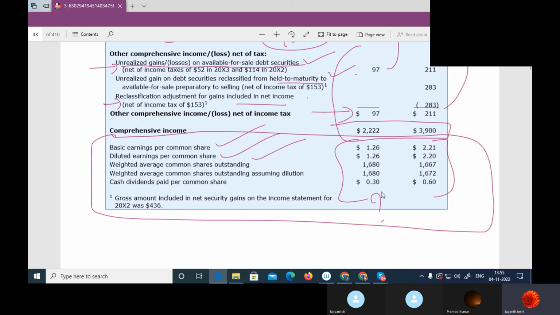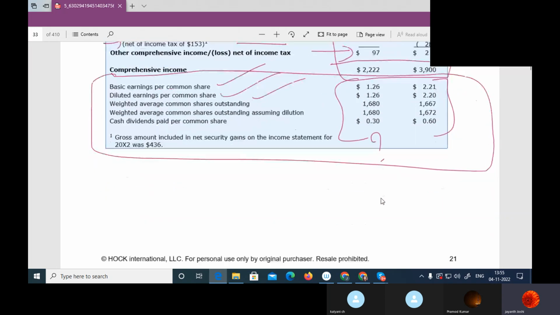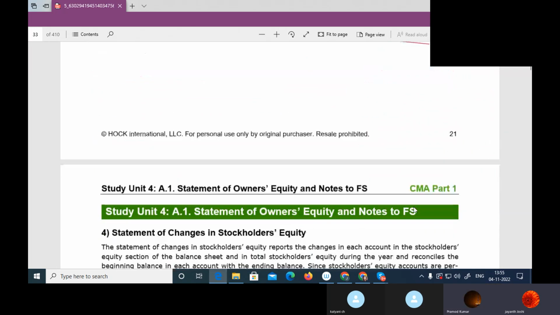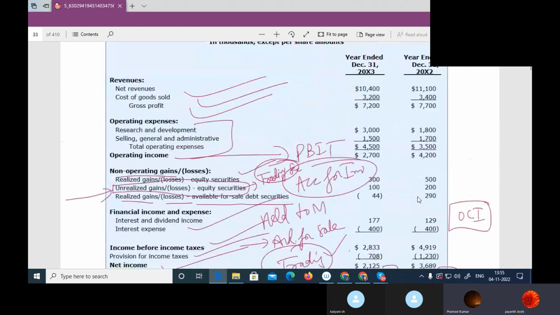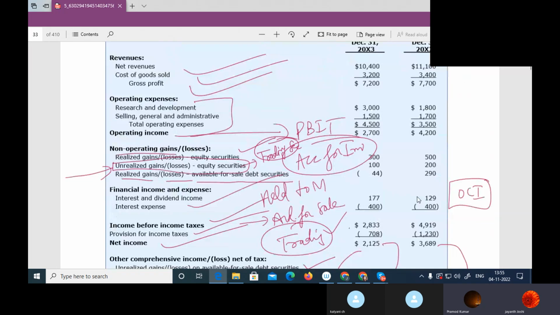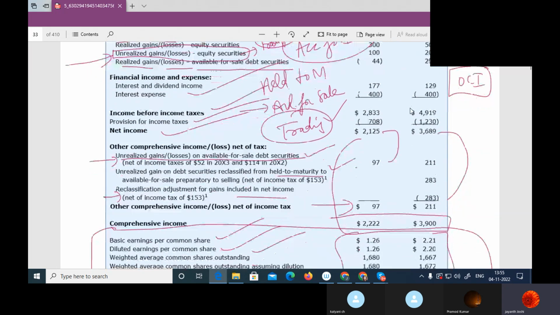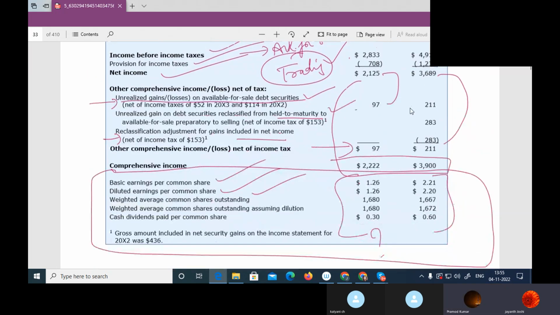If the EPS is increasing every year, what more than that do you want? It's a true performance parameter, correct? Yes. Just have a look at this. We'll move forward. Then comes the statement of changes in equity after this.